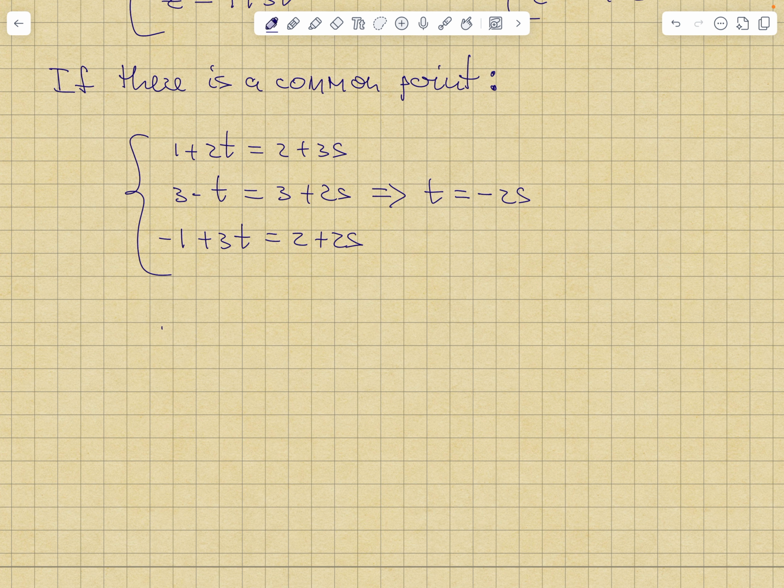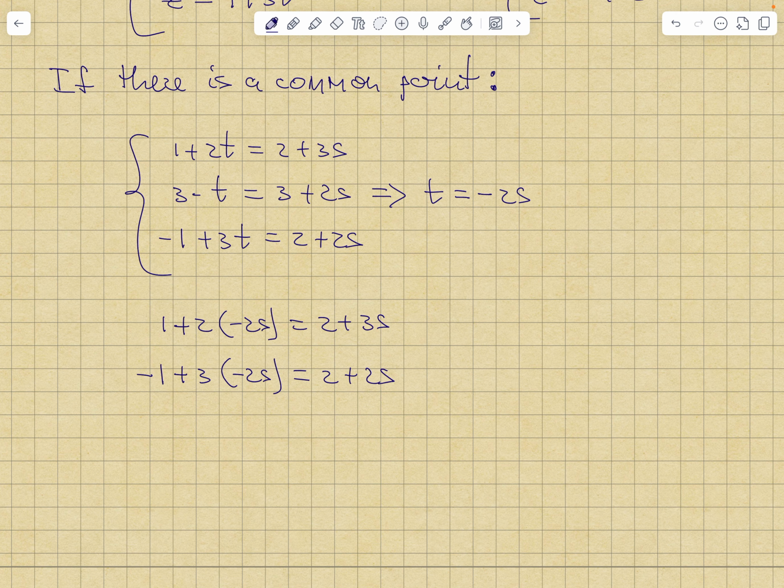Let me do it in steps: 1 plus 2 times minus 2s must be the same as 2 plus 3s, and minus 1 plus 3 times minus 2s should be equal to 2 plus 2s.